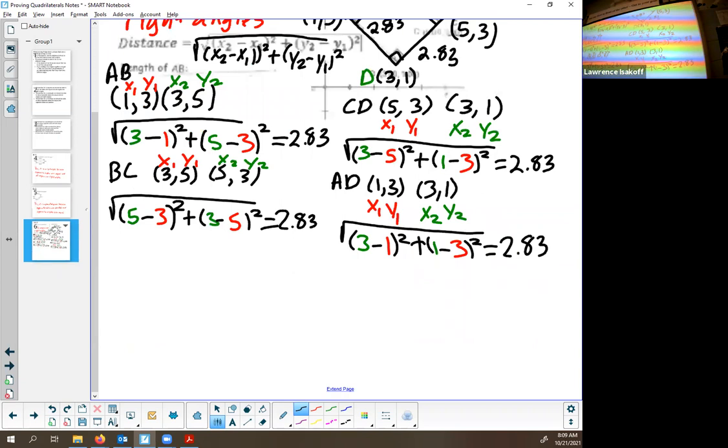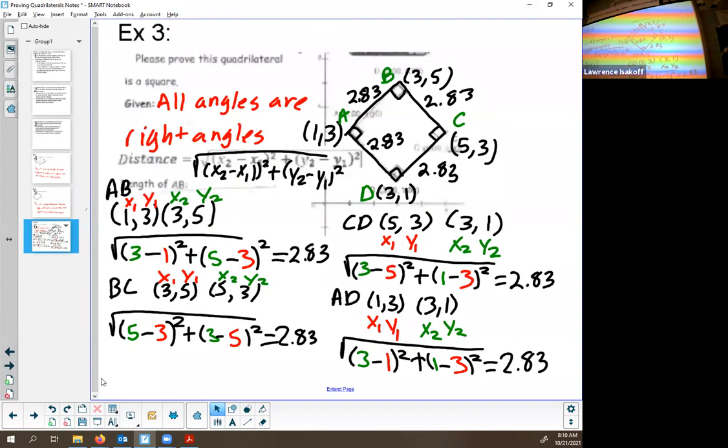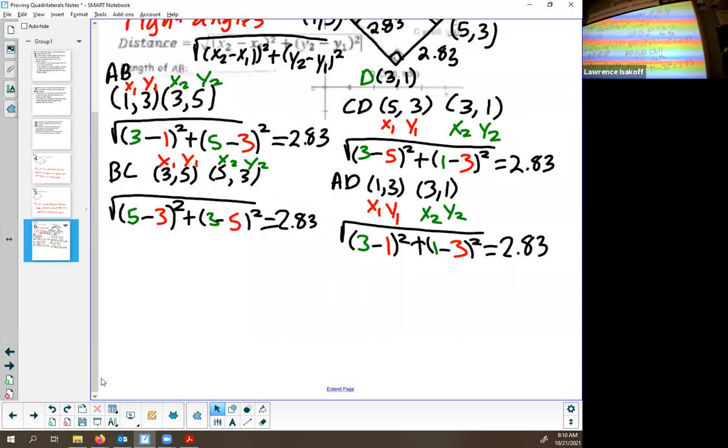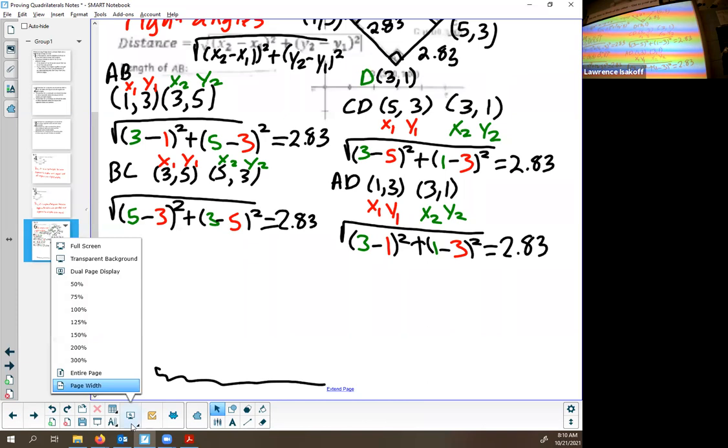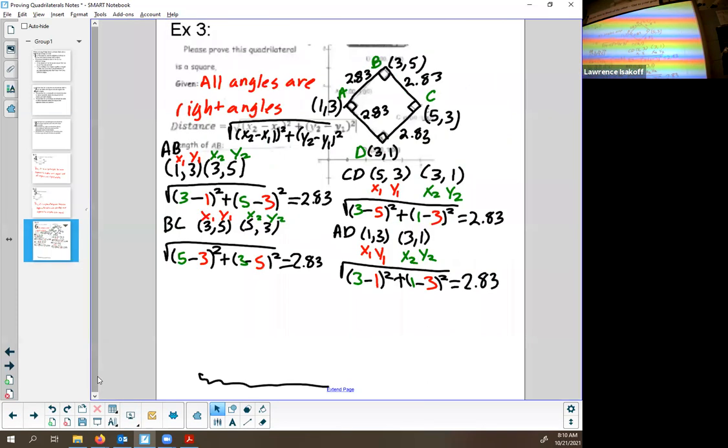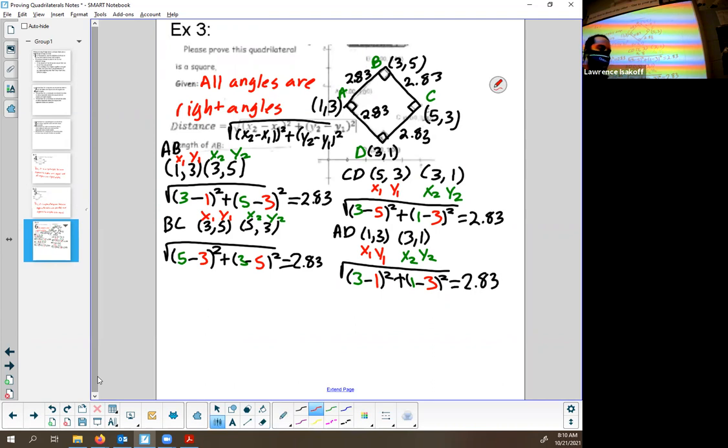So this shape is indeed a square. So this is a square. How do we know it's a square, though? What properties did we just prove?